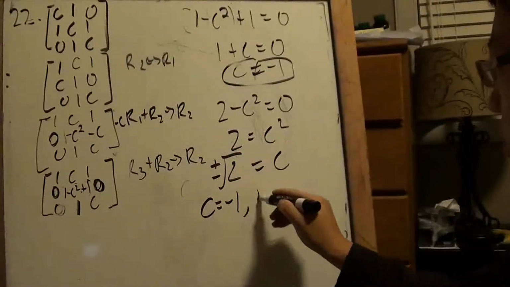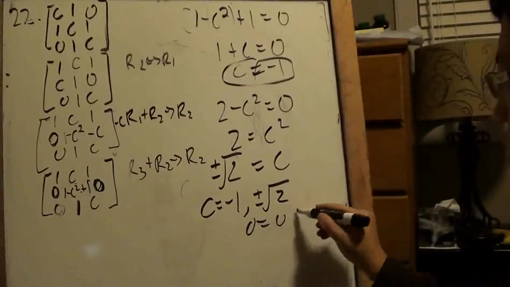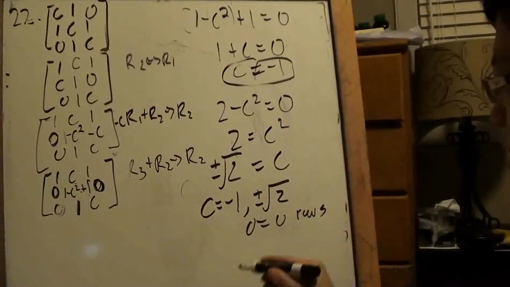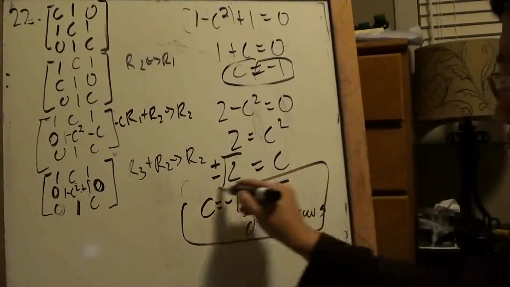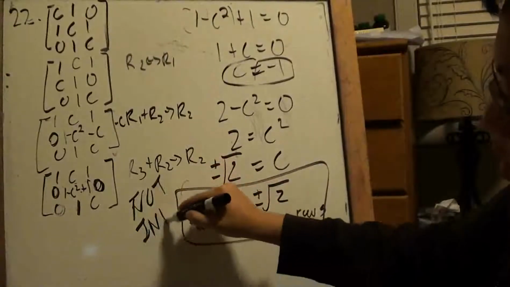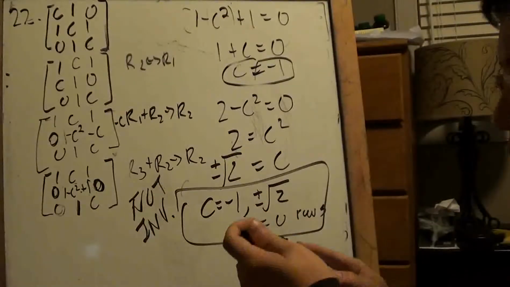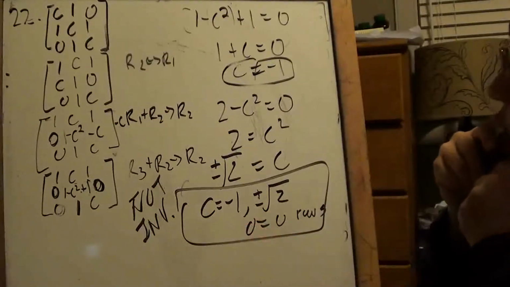So when c equals negative 1 or plus or minus square root of 2, then you're going to have a 0 equals 0 row, which means those are not invertible. Okay, that's got to be it.